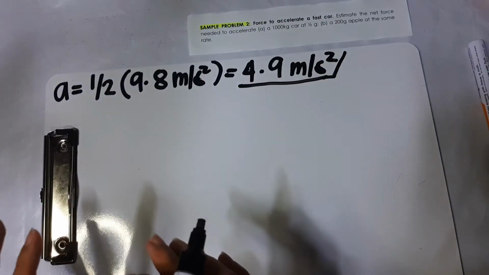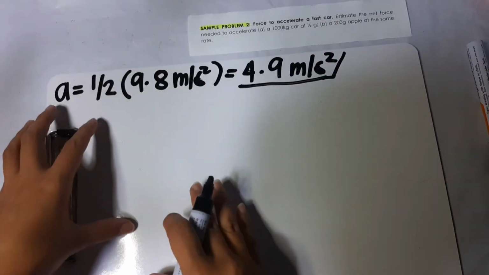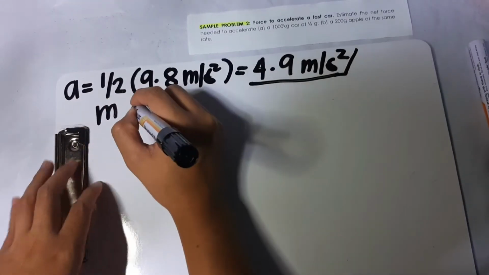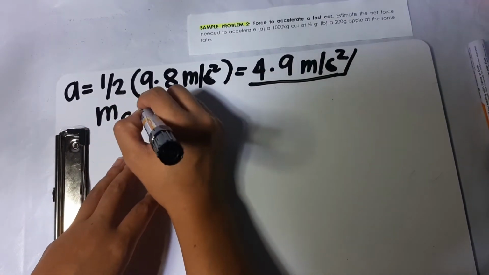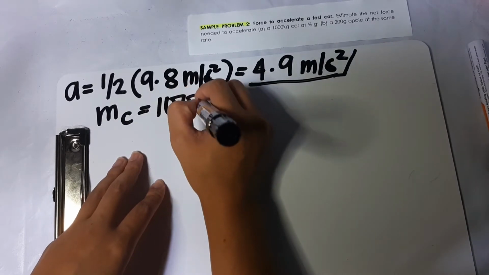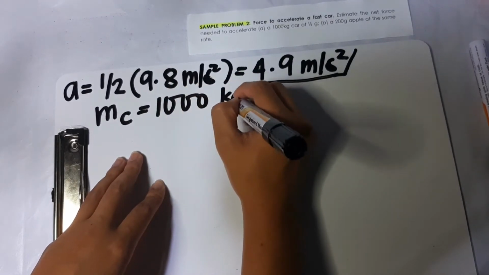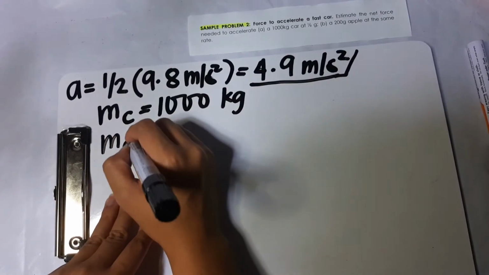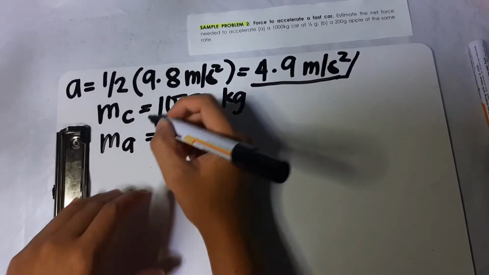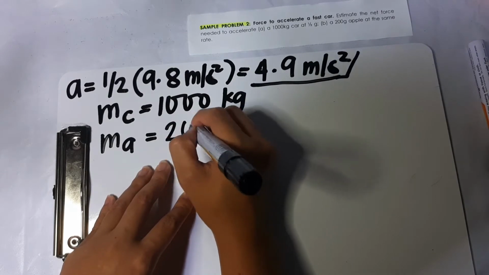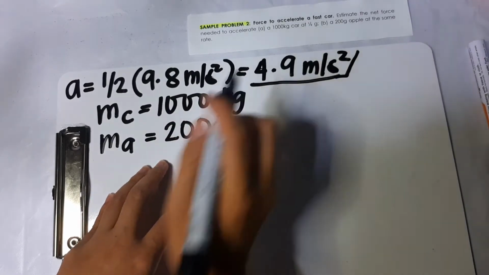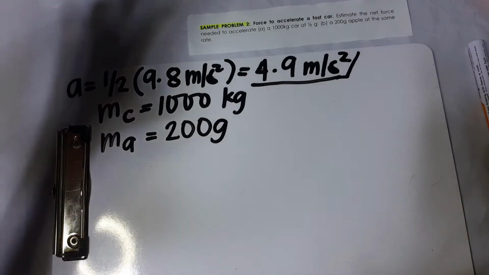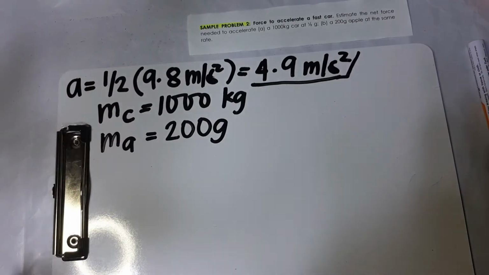Aside from the acceleration, we also have the mass of the car, which is 1,000 kilograms, and the mass of the apple, which is equal now to 200 grams. Okay, so this is the given of the problem.